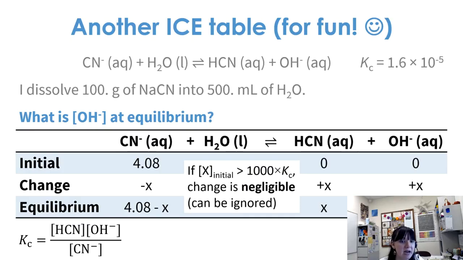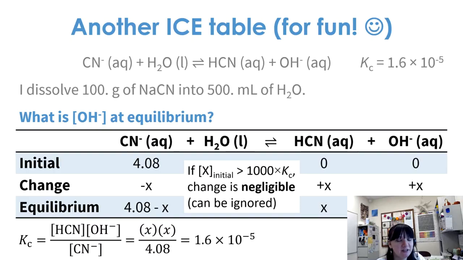In this case, for the cyanide, because it is greater than 1000 times Kc, we can essentially ignore whatever change happens to the cyanide. So we can say that the concentration at equilibrium for CN minus is still 4.08. Although there is a minus X in there, it is relatively small and can basically be ignored.